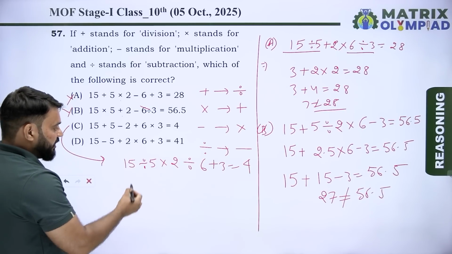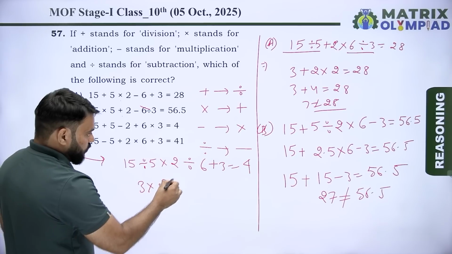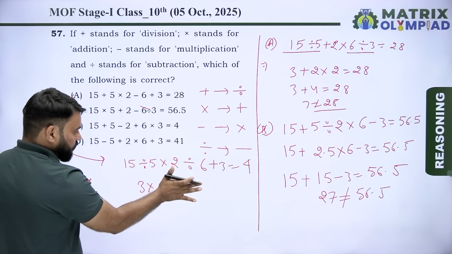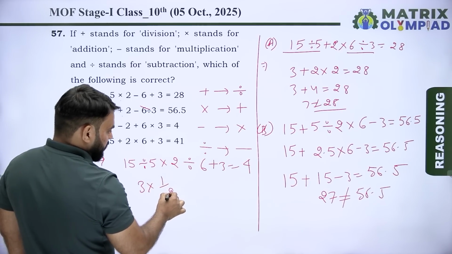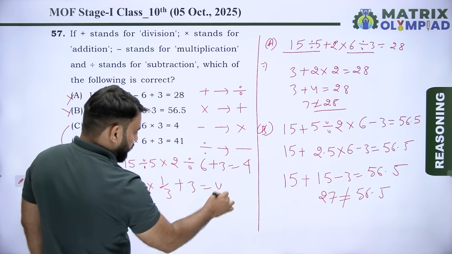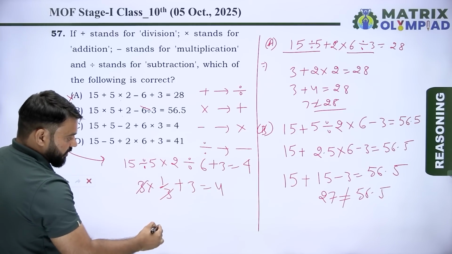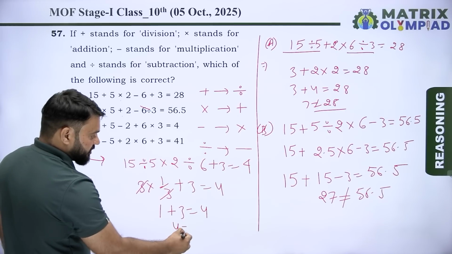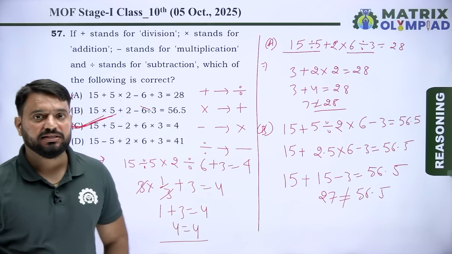So 15 divided by 5, it means 3, multiply by 2 divided by 6, 2 divided by 6, it means 1 divided by 3, plus 3 is equal to 4. Now multiply the numbers. 3 into 1 by 3, it means 1, plus 3 is equal to 4. So 3 plus 1, it means 4 is equal to 4. So here option C is the correct answer of this question.